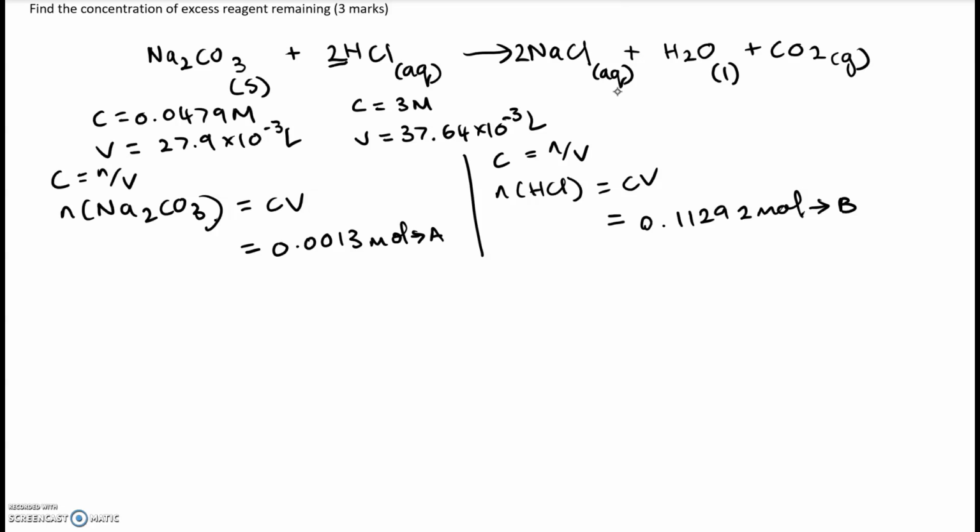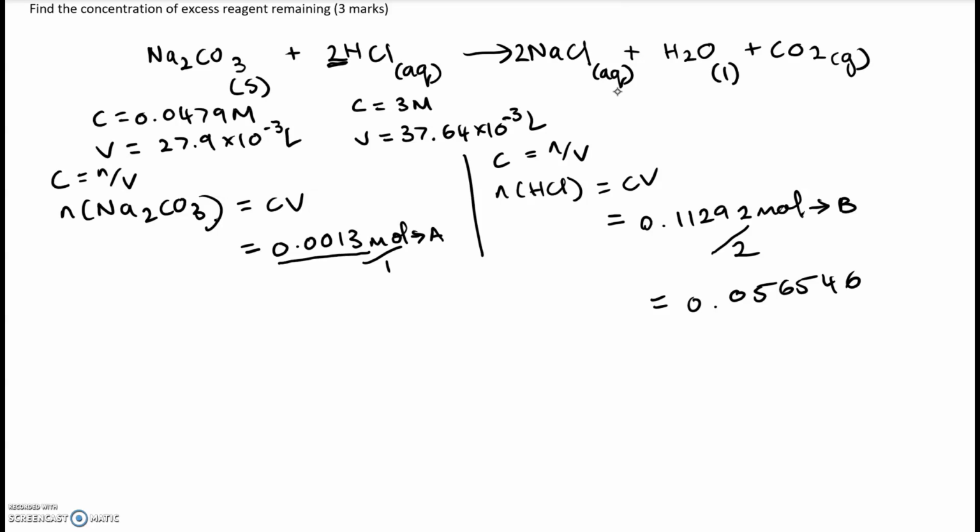So we see a 2 in front of hydrochloric acid. I'm going to divide this by 2. I see a 1 in front of sodium carbonate. I'm only going to divide it by 1. And hence now I'm comparing 0.0013 with 0.056546.